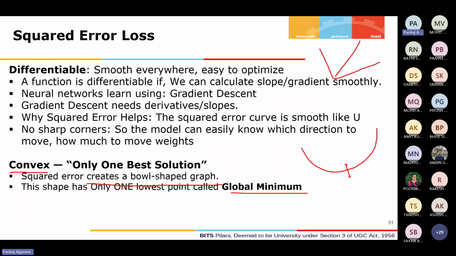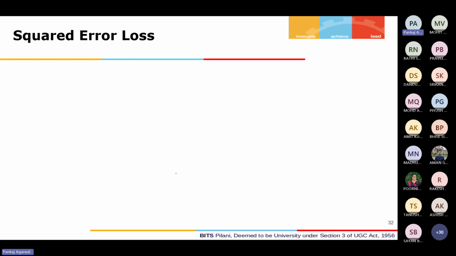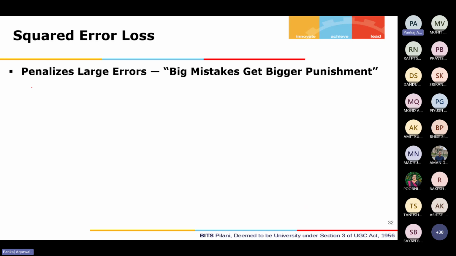That also supports quite nicely. Why is this good? Because a neural network wants minimum error. If there is only one minimum error, then learning becomes reliable and obviously the model will not get confused very easily. Everyone knows it penalizes the large errors.